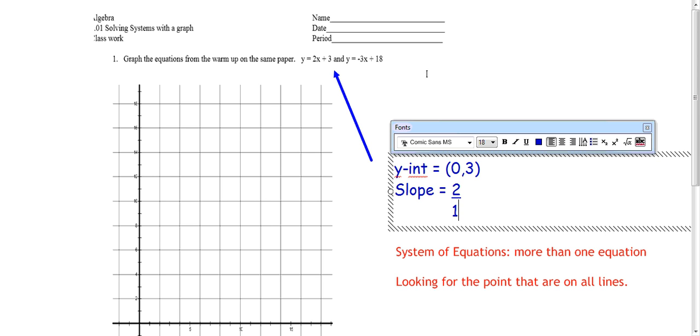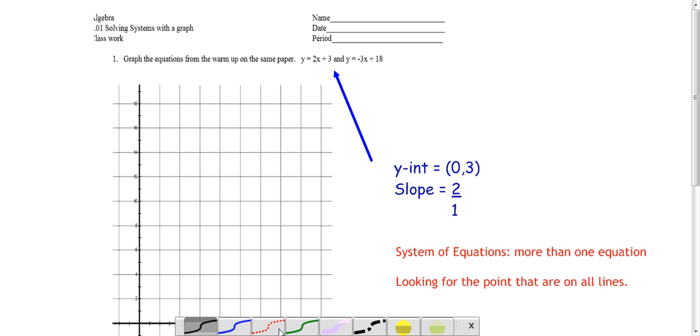So let's graph that one first. You're going to start here at (0, 3), make a point.